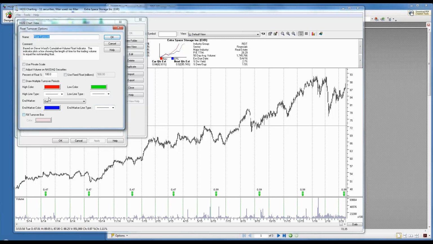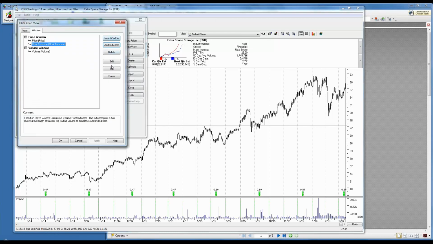The other options control how this indicator will draw. And so let's just put it on by default, and we'll go back in and edit these options to show you how it works.